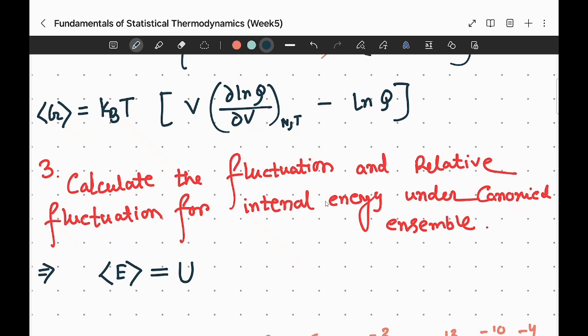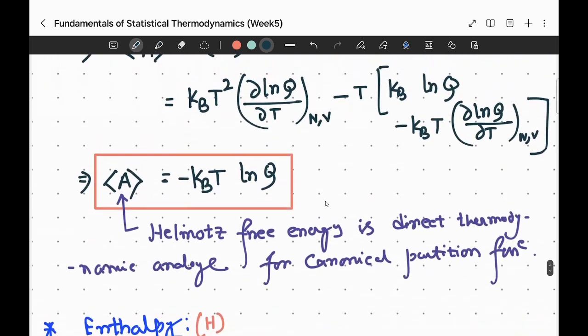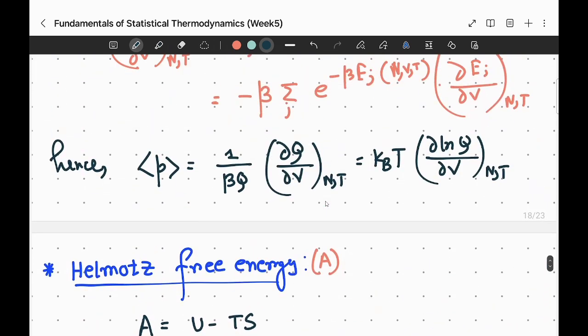Let me check question number 8. Form the expression of pressure in terms of canonical partition function for 1 mole of an ideal gas in terms of gas constant. You have to find the average pressure.